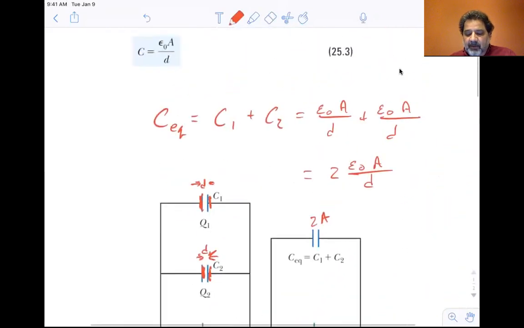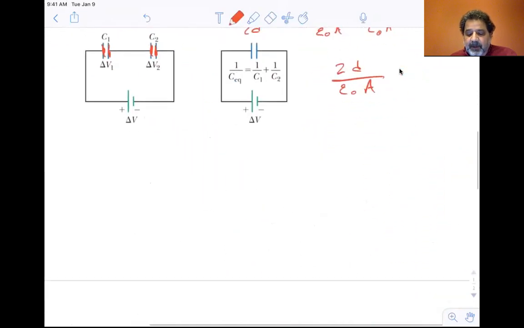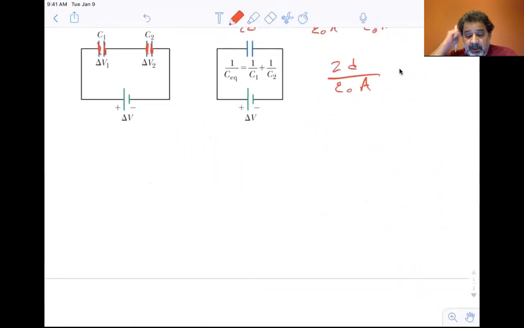So by remembering this equation, C equals epsilon 0 times area divided by the distance, you can remember the formula.